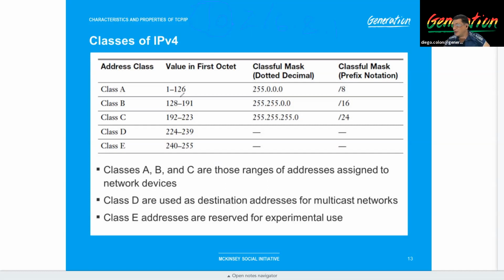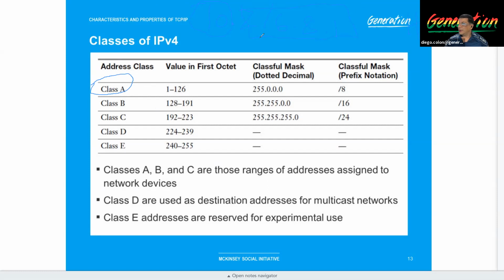Where is 10 in this range? It's less than 128. So that means this IP's class is class A. Now that it's a class A, this means that all of this over here is available for houses.